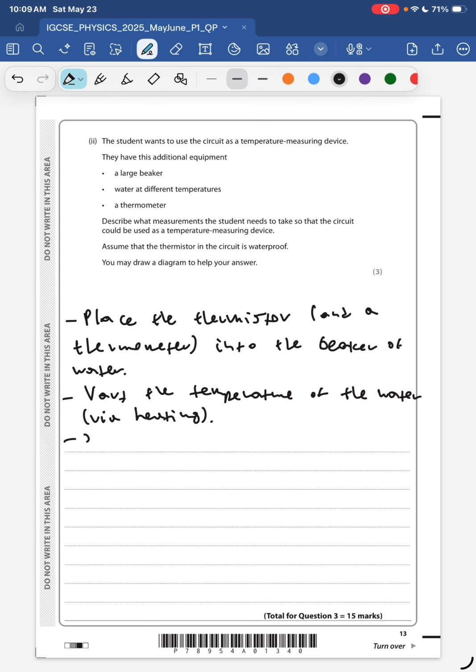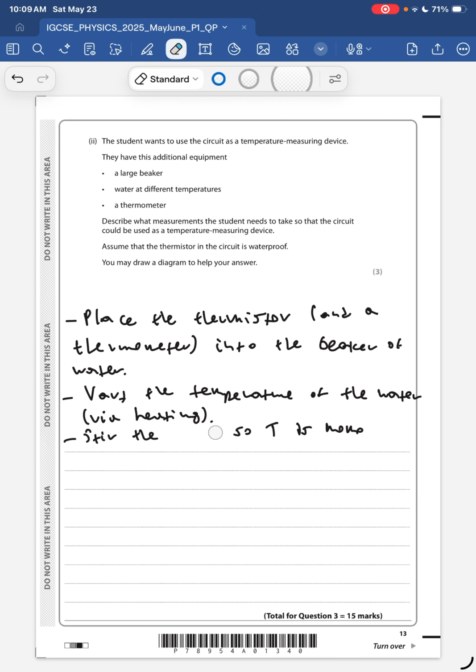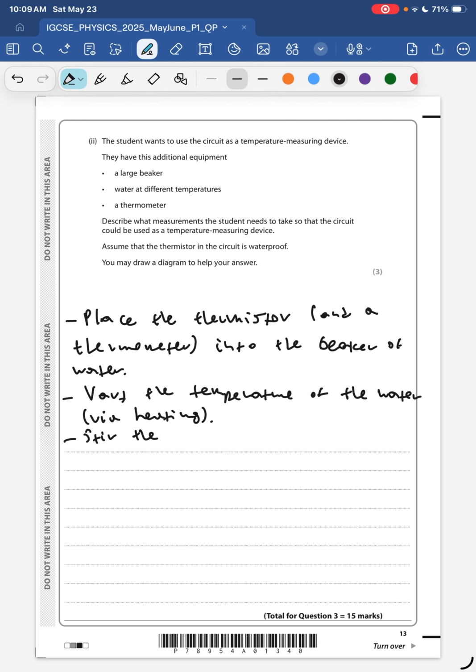You need to stir the water so temperature is homogeneous. As I keep going, my handwriting deteriorates, guys, so I'm going to try again. So stir the water so temperature is homogeneous.